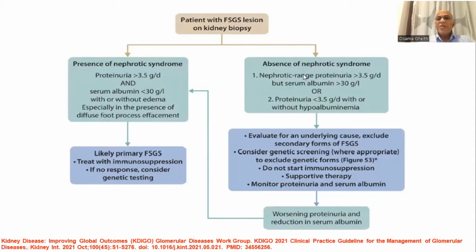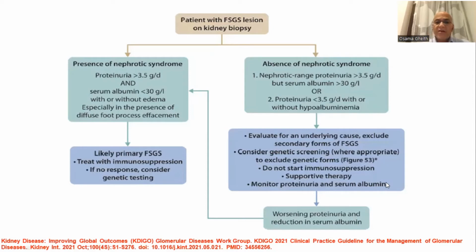In the absence of features suggesting the primary form, we proceed to evaluate for secondary causes and consider screening for genetic testing if there are features suggestive of genetic forms, and we don't start immunosuppression in such cases.